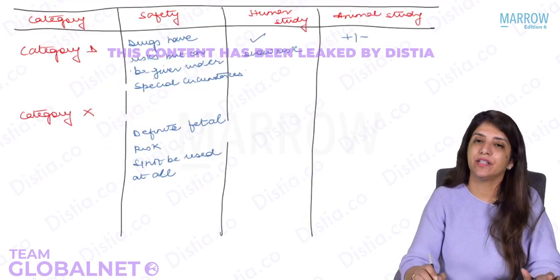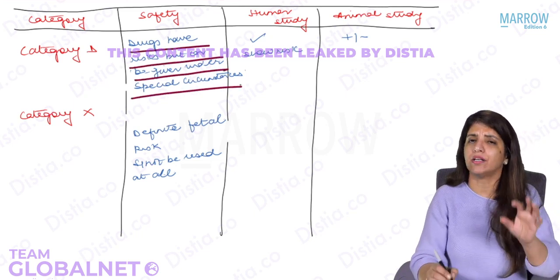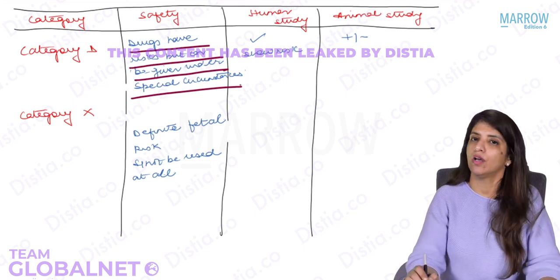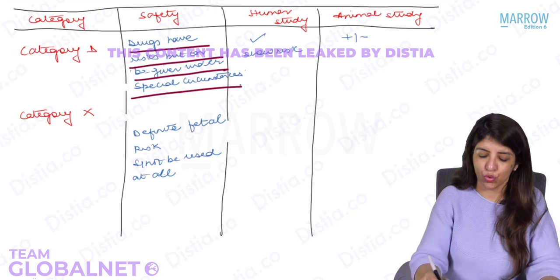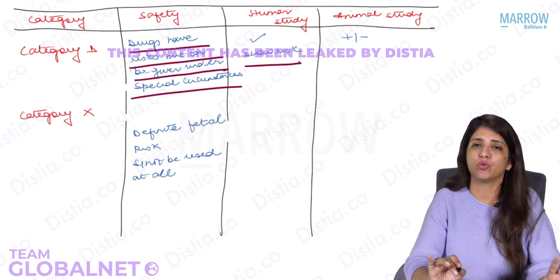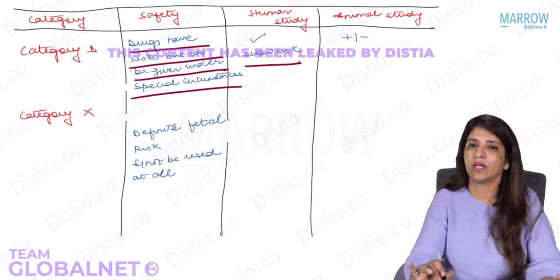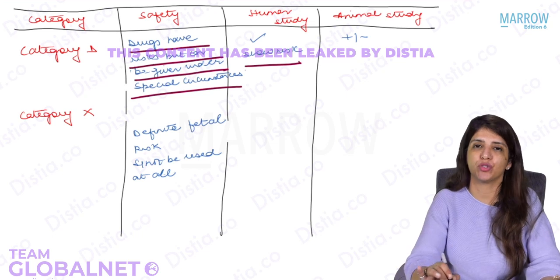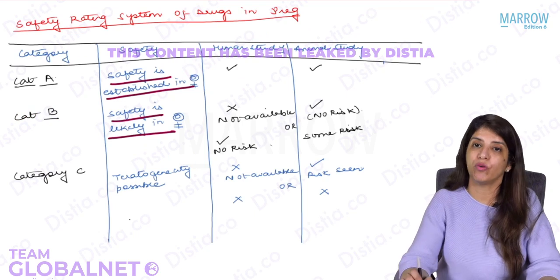Then comes category D. Now, category D means the drug has risk, but it can be given only under special circumstances. Right? So, human studies are present which are showing that risk is present. Whether or not animal studies are there, it doesn't matter. But if human studies are present and they are showing that some risk is present, you are going to put it in category D. Now, I want you to go back and see over here.